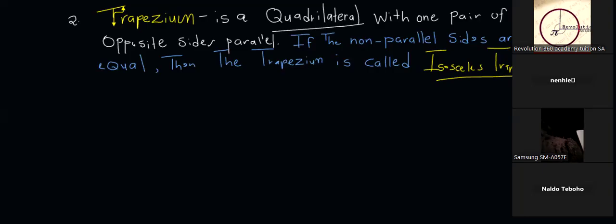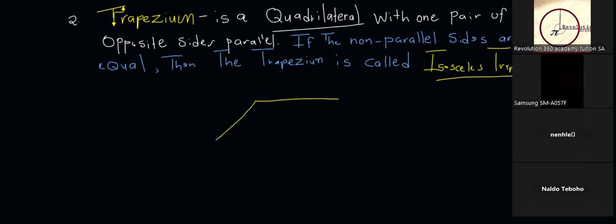Then this is a trapezium. If you didn't know, this is how we draw a trapezium. Then let's say this is A, B, then that will be C, D. So with regards to a trapezium, you will always have these two lines being parallel to each other. Do you all see?